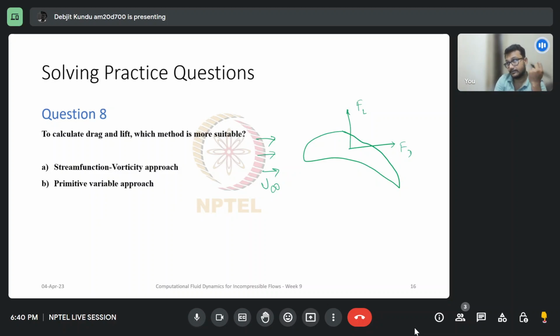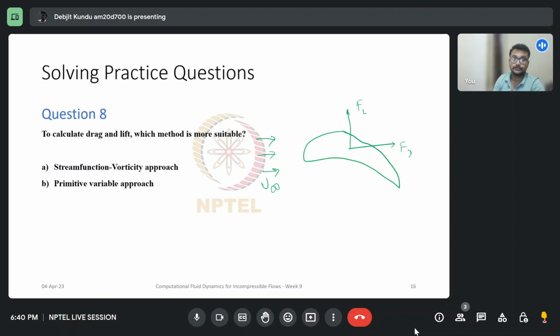And these are very important in multiple engineering applications, be it aeroplanes, be it turbine blades, or there are multiple other examples where the calculation of drag force and lift force becomes very crucial.